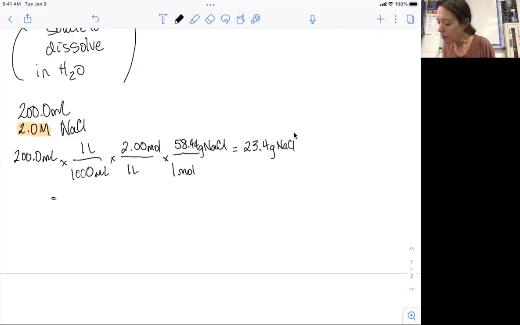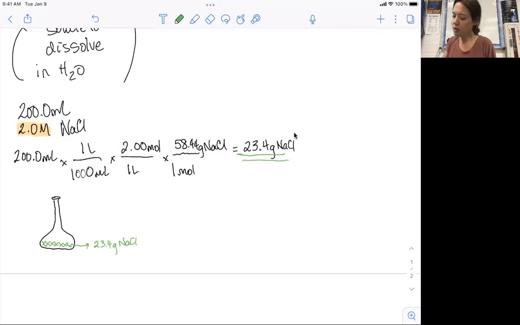How will I make this solution? I will get my volumetric flask, and I will first put my 23.4 grams of solid NaCl in the flask. This flask will be 200 milliliters because that's the volume of the solution I need, so the marking here will be the 200 milliliter mark.